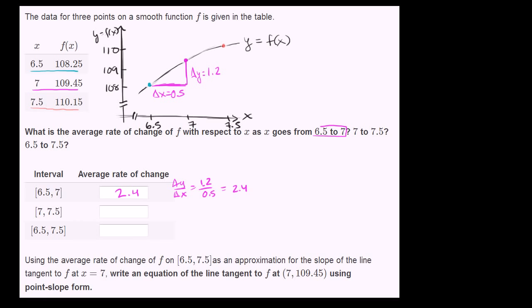Now let's do the next interval. Our change in x, once again, is 7.5 minus 7. So our change in x is still 0.5, 7 to 7.5. And our change in y, let's see, we end up at 110.15. We started at 109.45. So our change is 0.7.